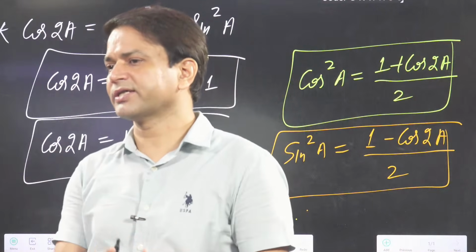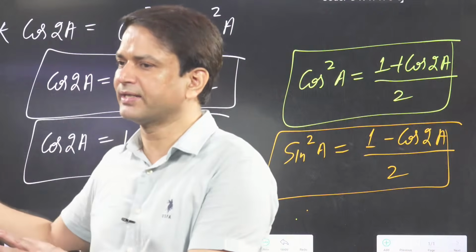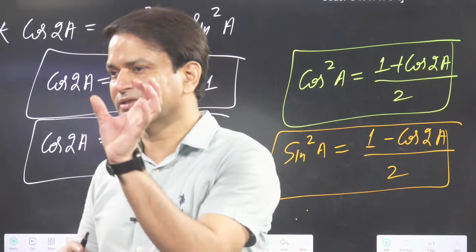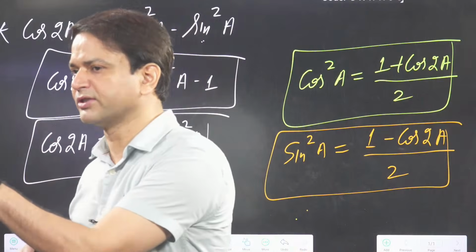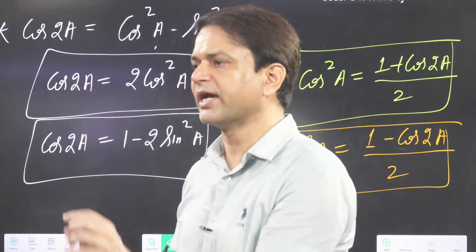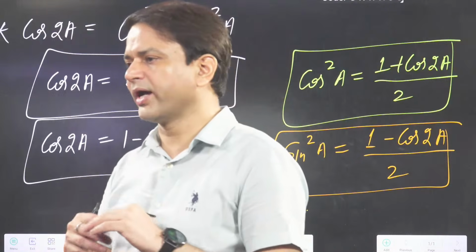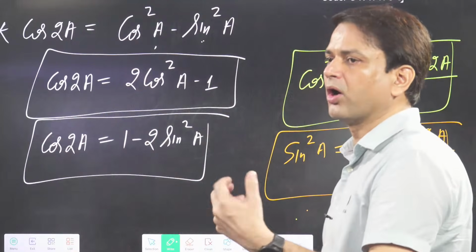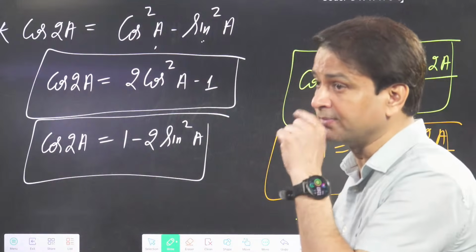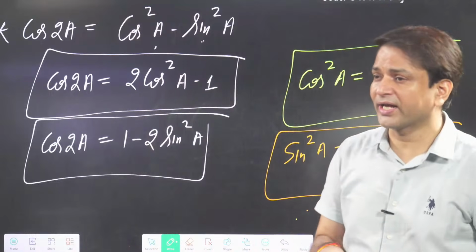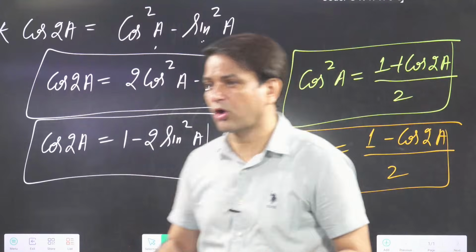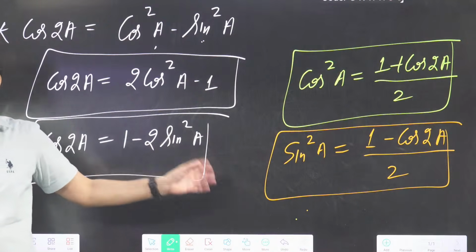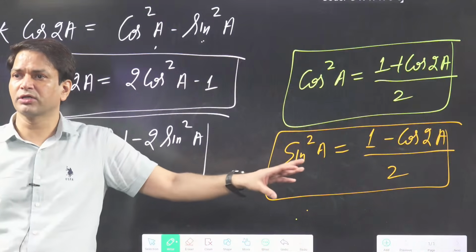Cos(A plus B) is cos A cos B minus sin A sin B, and cos(A minus B) has a plus sign in between. Then for sin 2A there is only one formula: 2 sin A cos A. For cos 2A, we have to remember two formulas: 2 cos square A minus 1 or 1 minus 2 sin square A. Then to remove the square, cos square A is equal to 1 plus cos 2A by 2, and sin square A is 1 minus cos 2A by 2.